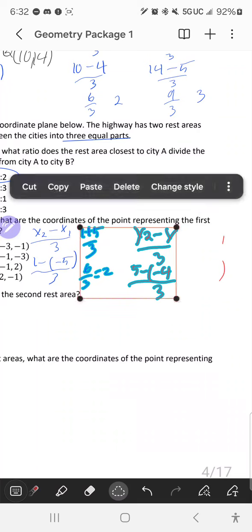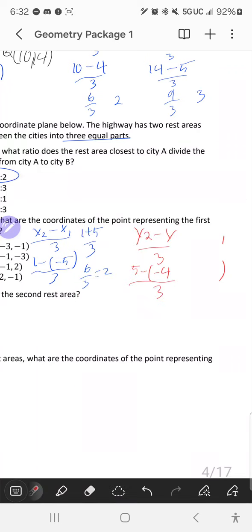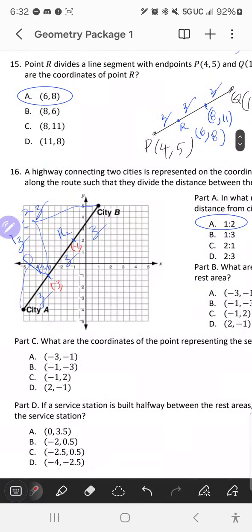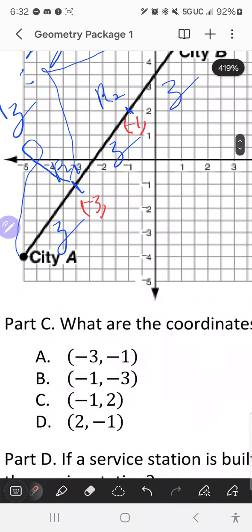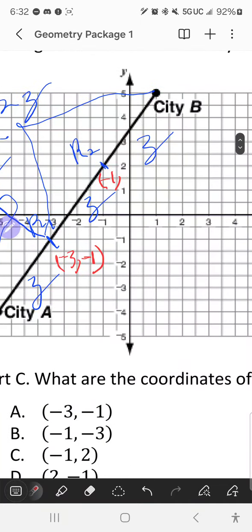So this is going to be 5 plus 4 divided by 3, which is 9 divided by 3, which is equal to 3. So the change in y is positive 3. So negative 4 plus 3 is negative 1, and negative 1 plus 3 is 2. So our points are going to be negative 3 comma negative 1 and negative 1 comma 2.